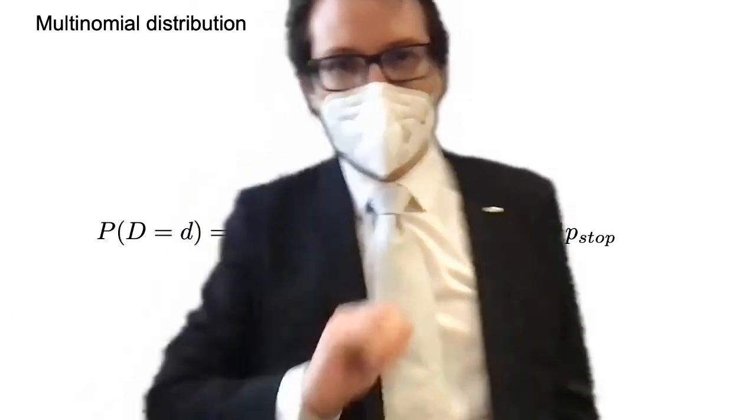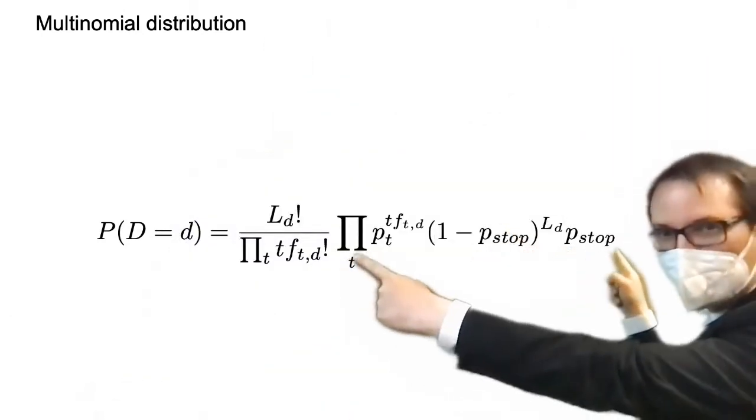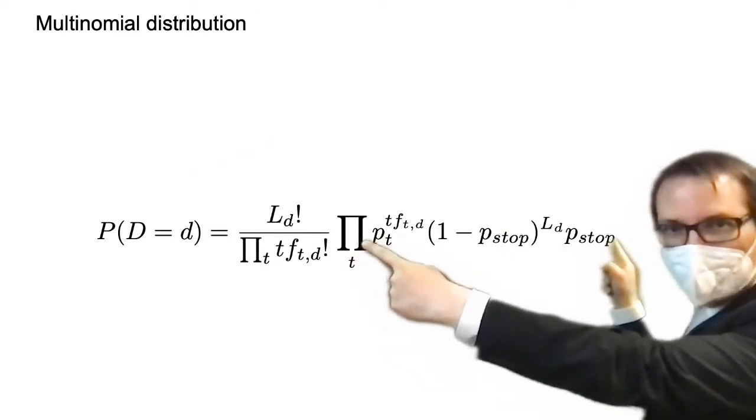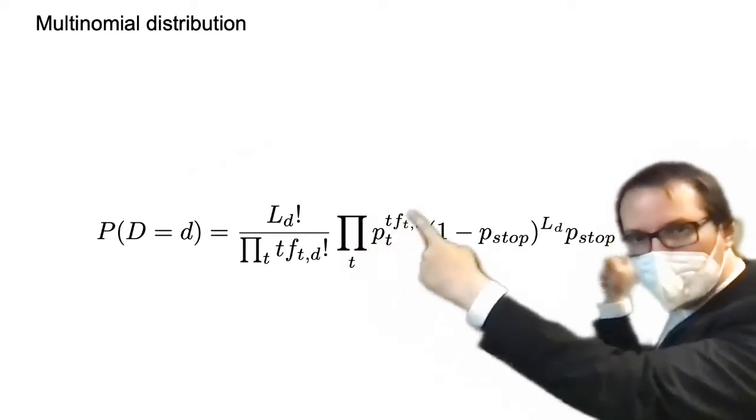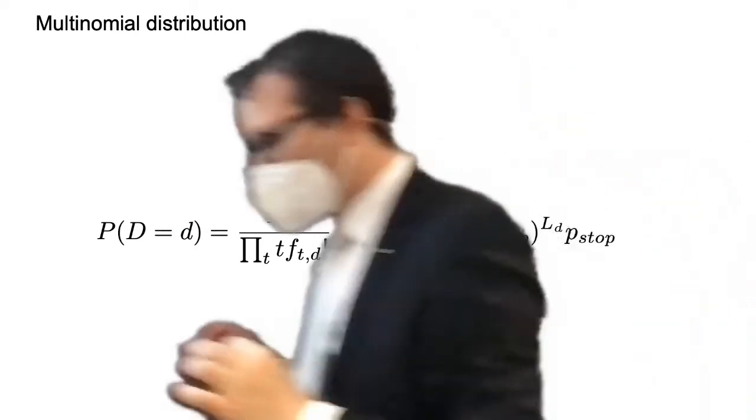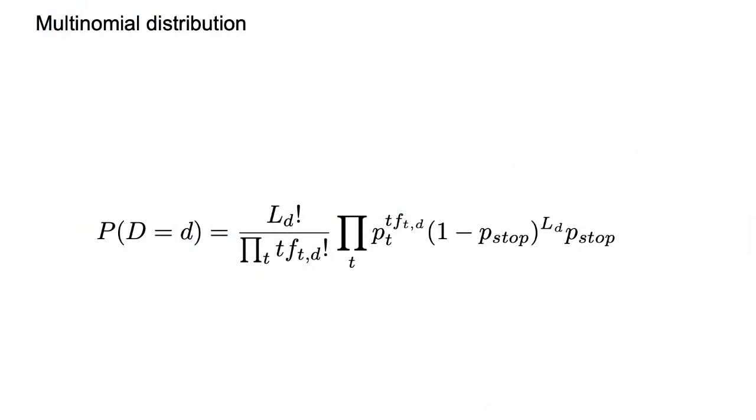Cool, so basically that means that this part right here is the list of words part, right? So this here is the probability that a specific order is obtained with exactly these occurrences. Why doesn't the product depend on the order? Because I said it's the probability of a specific order with these occurrences.